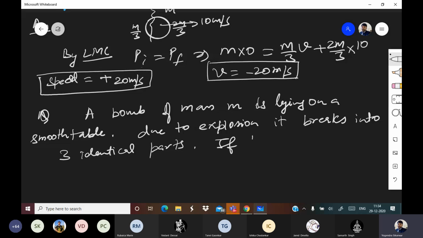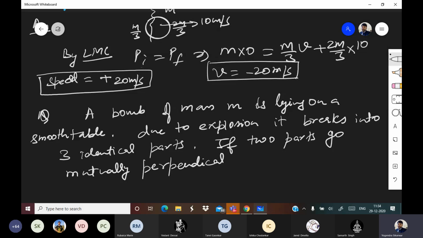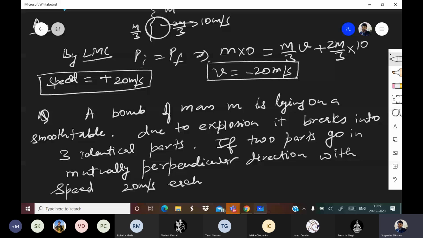If two parts go in mutually perpendicular directions with a speed of 20 meters per second each, find the speed of the third part. Find the speed of the third part. Please find.